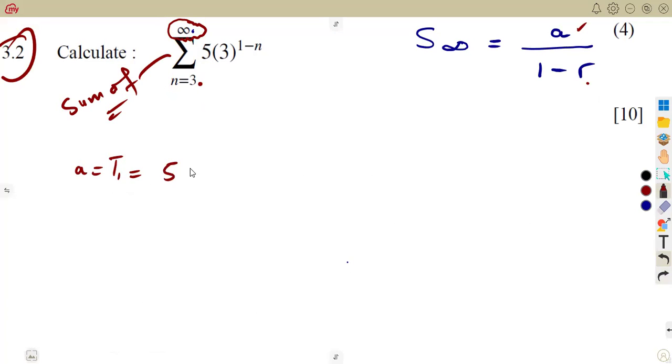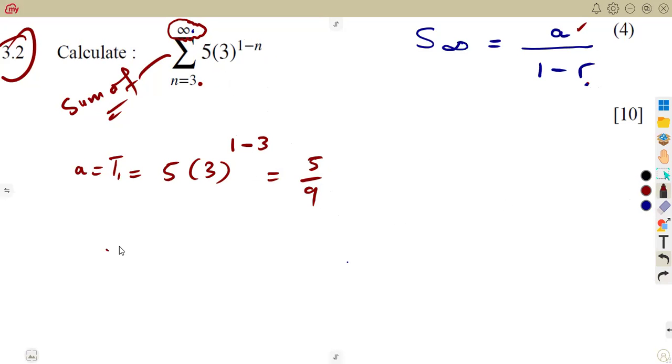So we substitute 3 into 5 times 3 to the exponent of 1 minus n, the corresponding first value. We are starting at 3. That gives us T1, which is 5 over 9. So we have our a. In order for us to have r, we need to determine the second term, then divide.